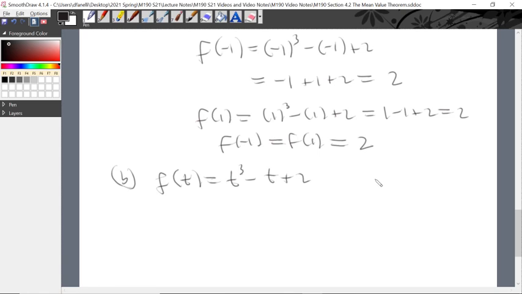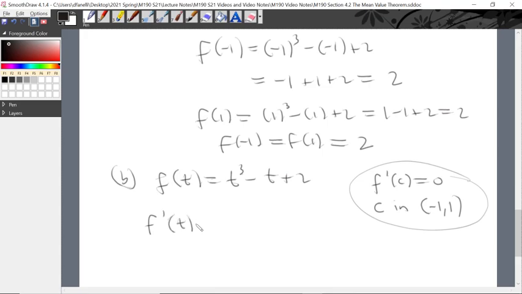The conclusion is that f prime of c is equal to 0 for some value of c contained within the open interval from -1 to 1. That's our conclusion. So let's find out what our derivative is. f prime of t is 3t squared minus 1. So we can set that equal to 0 and solve for t.